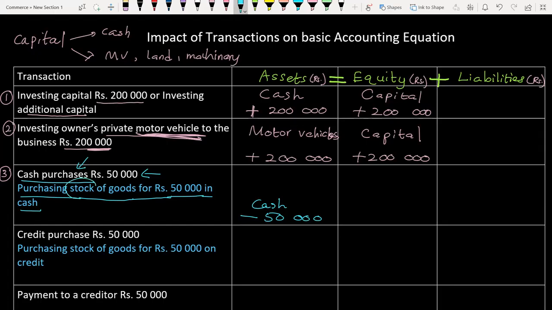What is the accounting element of stock? It's assets, isn't it? So stock of the business increased by rupees 50,000. Stock increases, cash decreases.